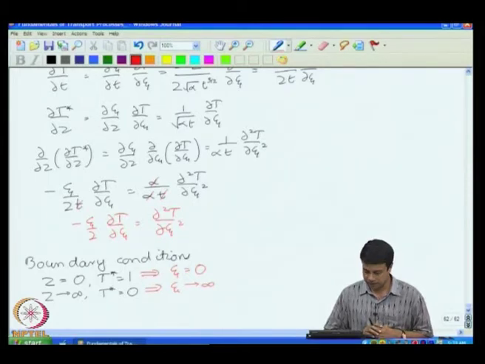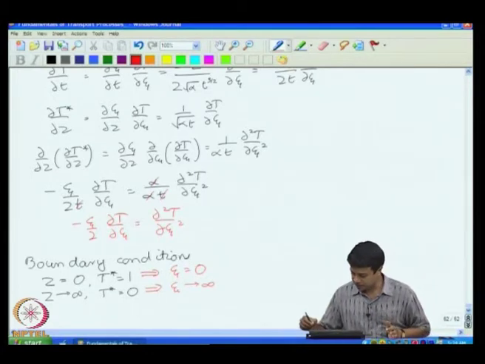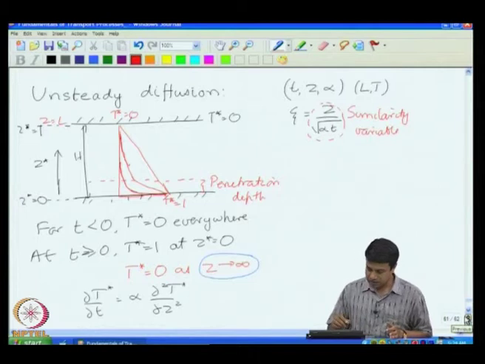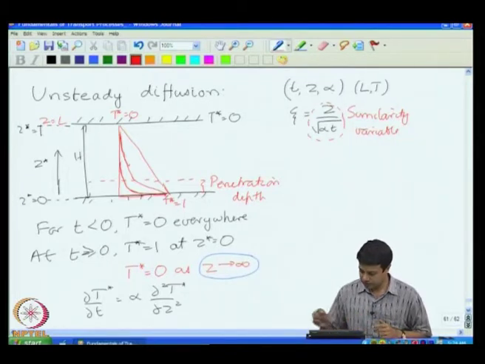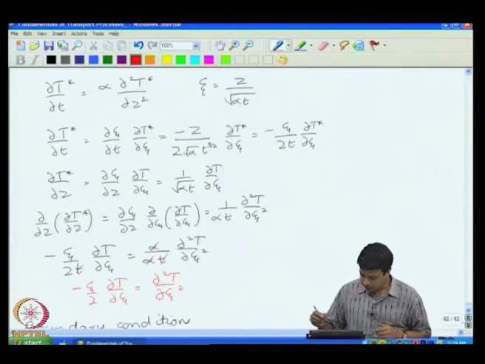There was a third boundary condition, rather an initial condition, and that was that at t is equal to 0, at the initial time, when I just switched on this temperature field at the bottom, everywhere else within the fluid, the temperature was equal to 0.